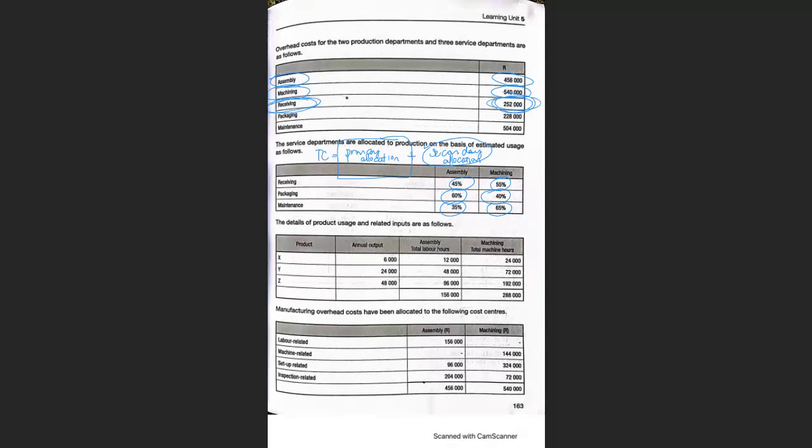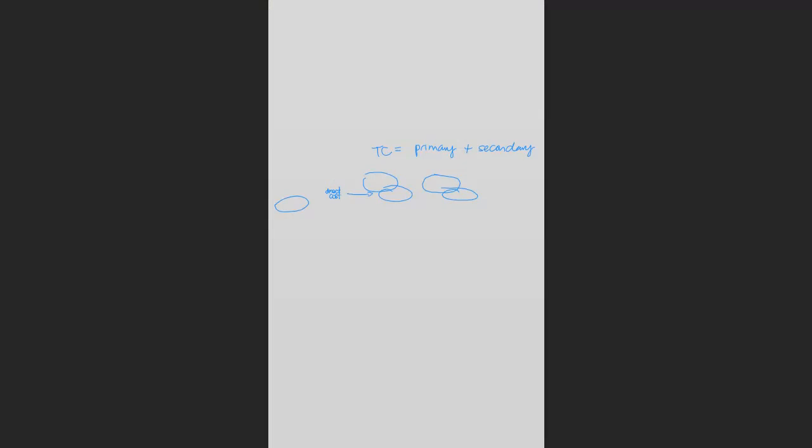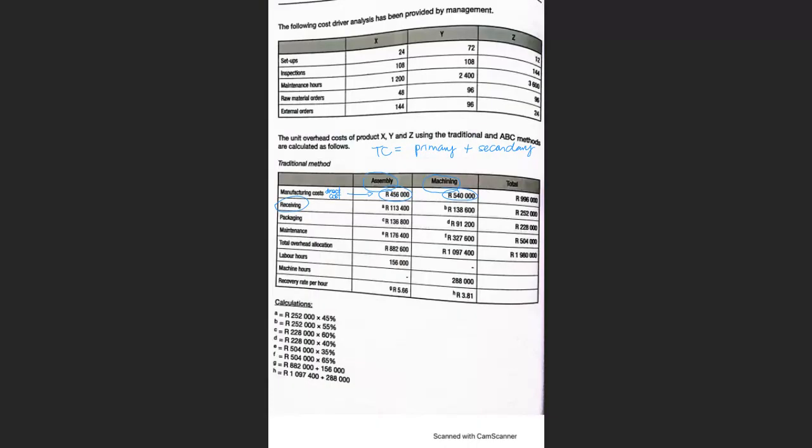We're going to take that amount and we're going to split it according to the ratio that they told us here. 45% to assembling, 55% to machining. So you're going to say the 252,000 rand. Oh, sorry, I forgot a zero there. So 252,000 rand. You're going to split it between assembling and machining.